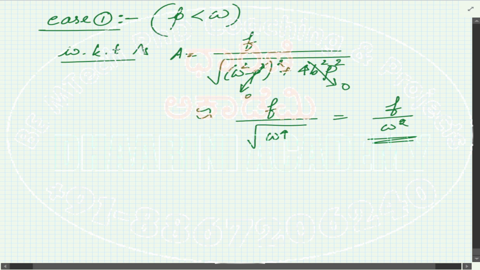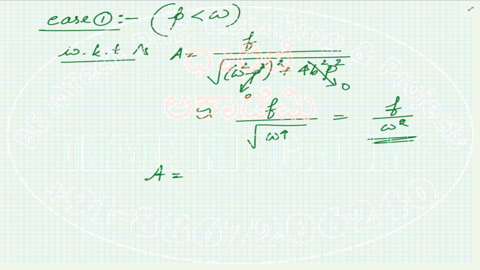That's the term. All right, and we can also write this amplitude as, we know that there is a term small letter f which we have written, which is nothing but I can write it as f is equal to F by m, correct?